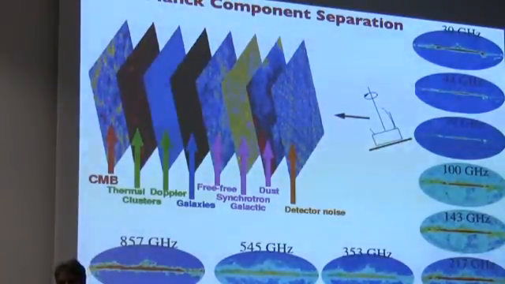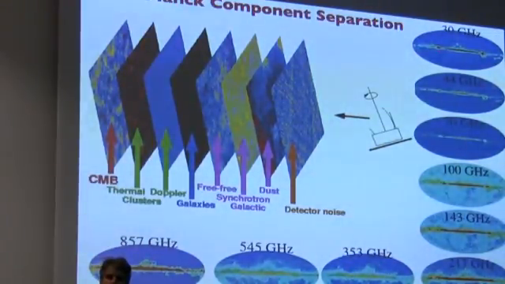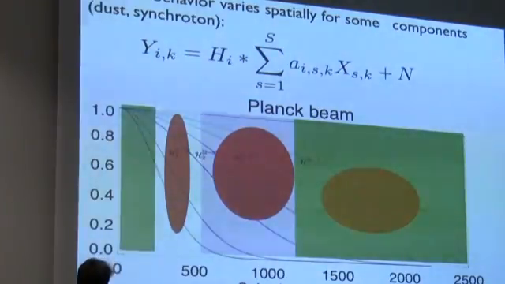So this is a kind of tough problem. It's even more difficult because you also have a difference of resolution between the different maps. There is a factor of 5 in terms of resolution between the best map and the worst map. So you need to take into account these different beams in the problem.